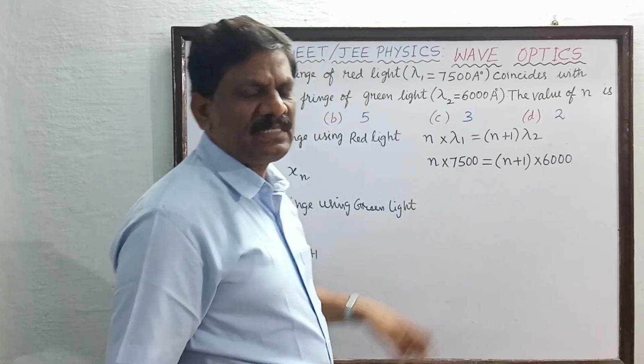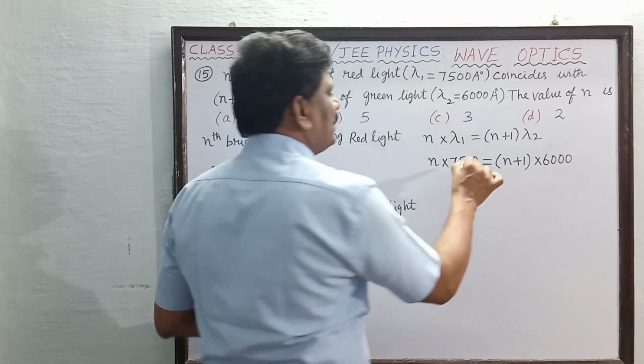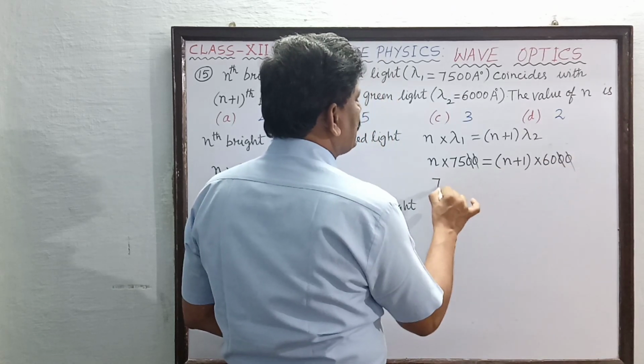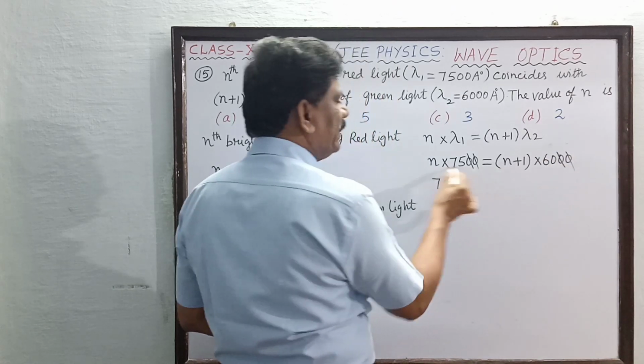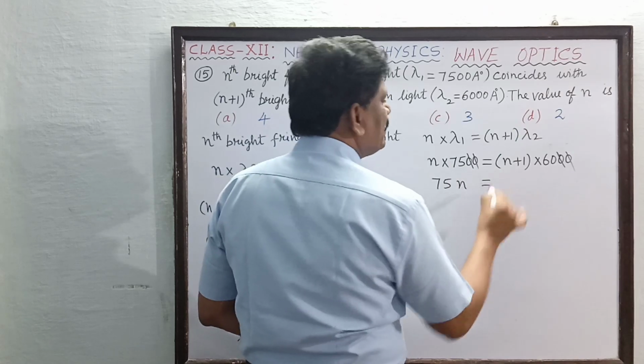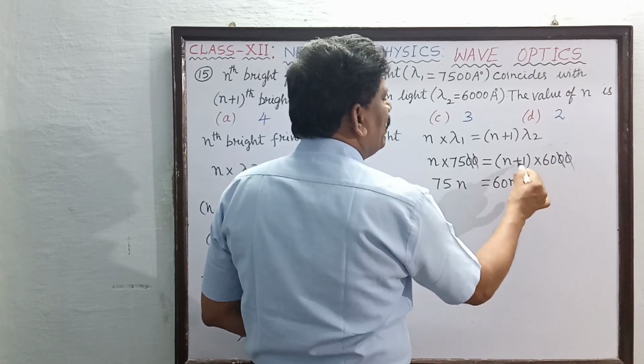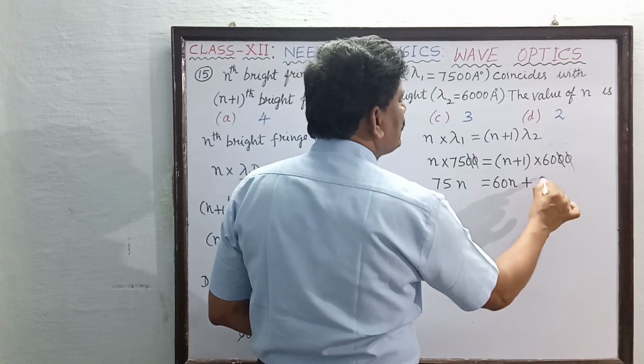Angstrom unit, meaning 10 power minus 10, is also going to be cancelled, and the zeros get cancelled. So the left side is 75n, equal to 60 into n, which is 60n, plus 1 into 60, which is 60.